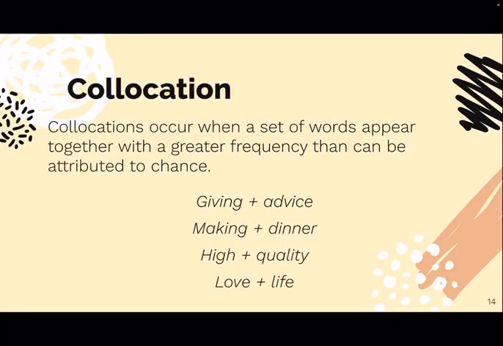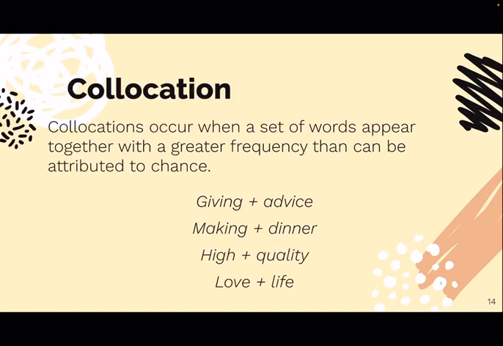Collocations occur when a set of words appear together with a greater frequency than can be attributed to chance. So basically we start to pair words together, and we sort of expect to see those words together. So for example, giving advice, something that we hear quite a lot. Those words appear together quite often, more often than can just be normal chance.